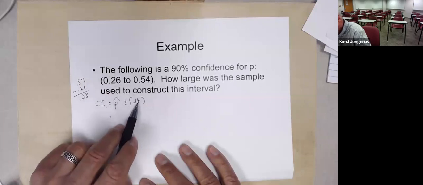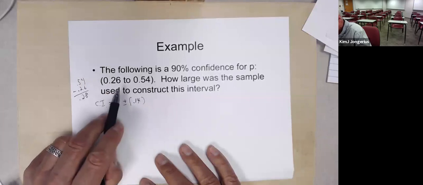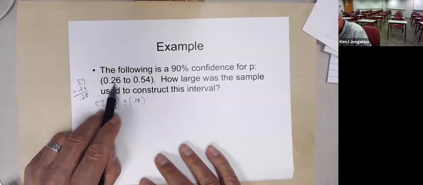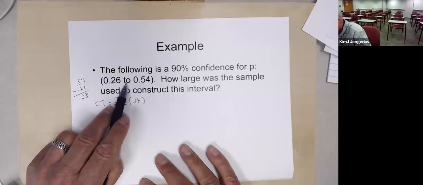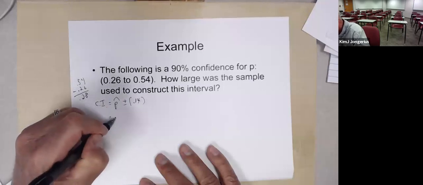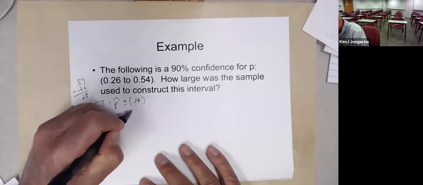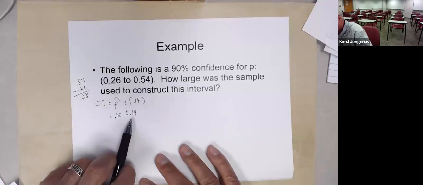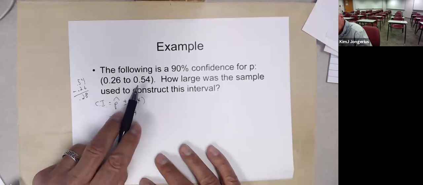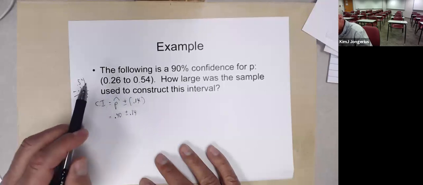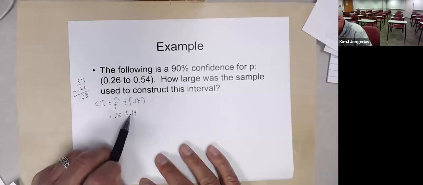So now that means if I take the 0.14 and add it to the bottom, I would get the middle value. That's what I'm going after. That middle value here would be 0.40 plus or minus 0.14. That's how this interval had to have been found. That means that this 0.14 became part of that adjusted standard deviation.